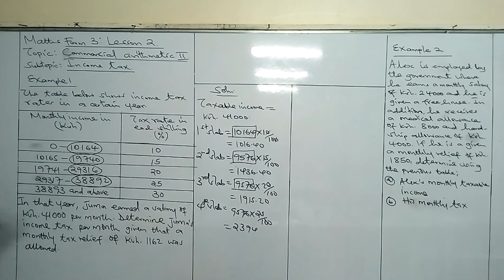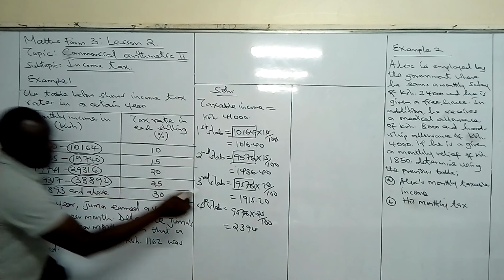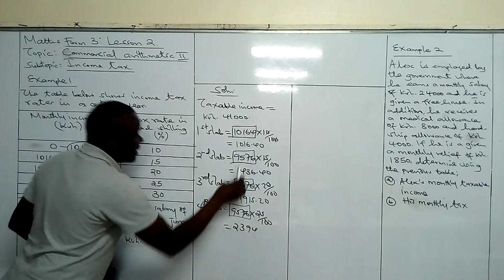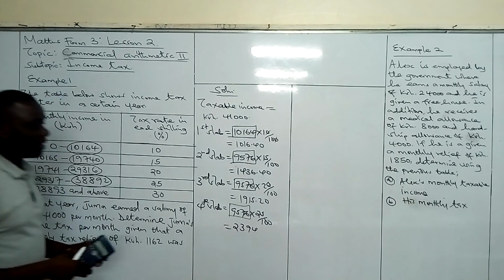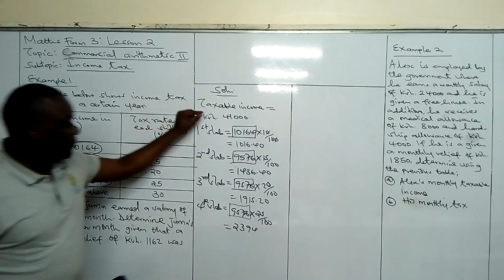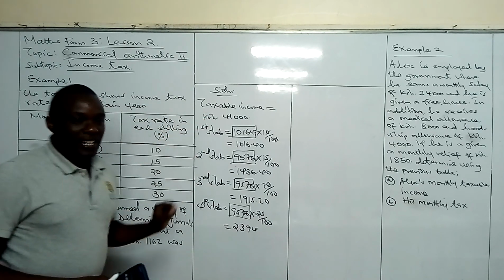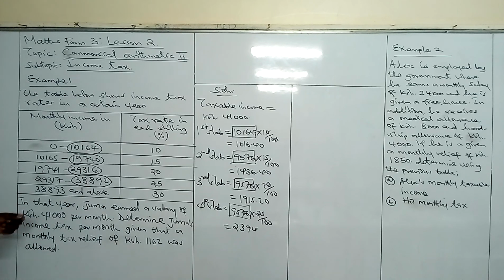Now, as you can see, if we add this money that is in the brackets, that represents the taxable income, you will realize that we are coming closer to 41,000 that we have here. But now, all this money, so far so good, we have reached 38,892. We have to find anything that is above 38,892.